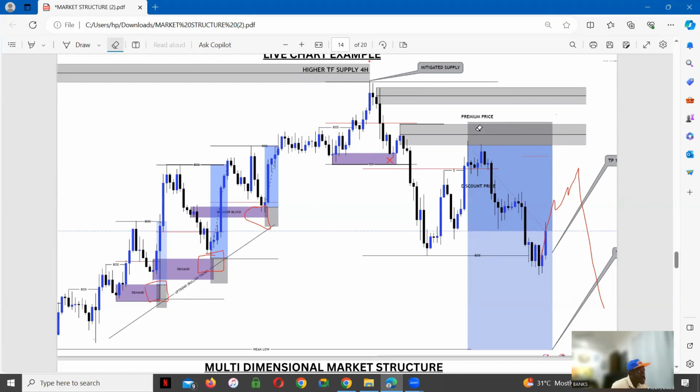If price hits your stop loss here, then you can come up here to risk the same 1% again. And when this one gives you 1:5, deducting the 1% from 5%, you still have 4% profit. You understand? Yeah, bro. Yes. So that's the main reason why I took this trade.